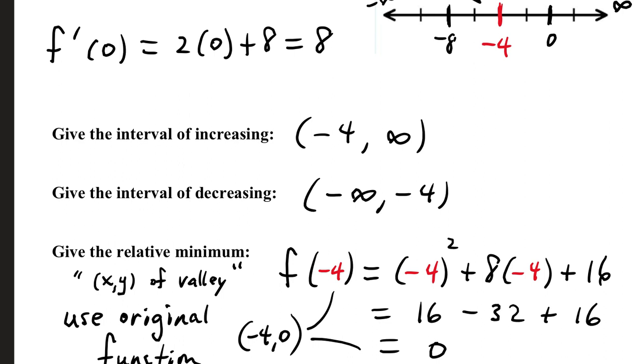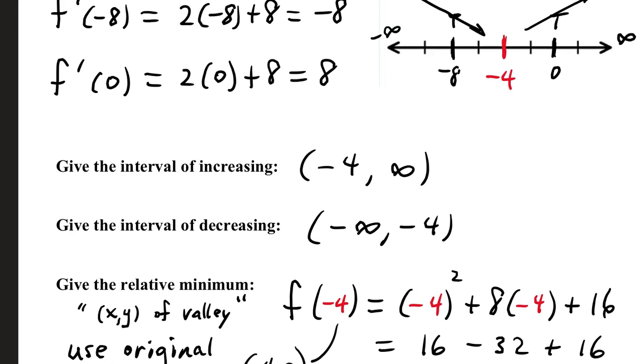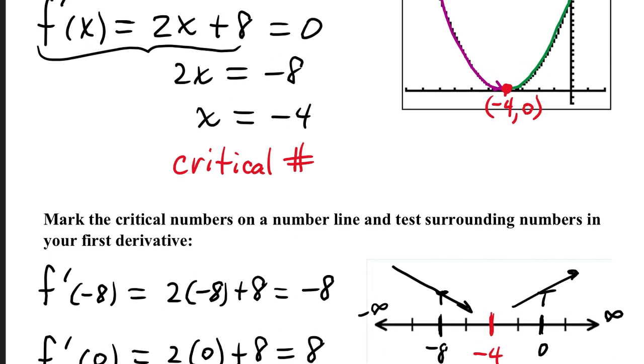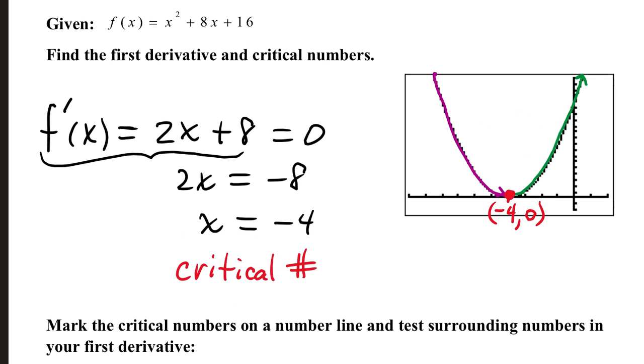So far, we've used critical numbers just to identify the x-coordinate. This is the first time we've done the y-coordinate as well. What you do is you go to the original function and you substitute in your critical number. Our graph pertains to the original function.